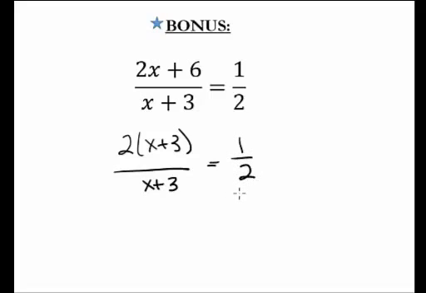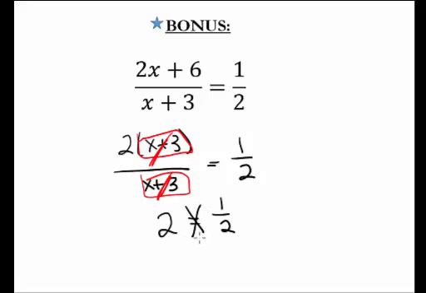Okay. And oh, it's the same thing, right? I can have the same factor, x plus 3, so I can cancel them. And look at the equation I'm left with. 2 equals 1/2. Is this ever true? This is never true. Okay, so this equation has no solution.